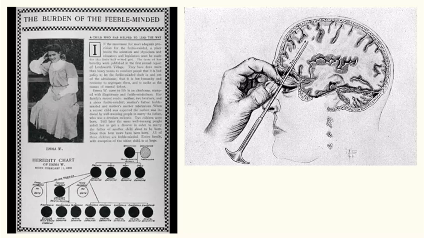You also had this issue. This is not entirely isolated to race and ethnicity, but you have these issues with mental handicaps and psychological issues, what they would have referred to as feeble-mindedness. So you have people who might be disabled. They might have Down syndrome, schizophrenia.